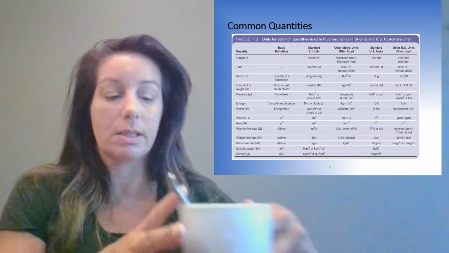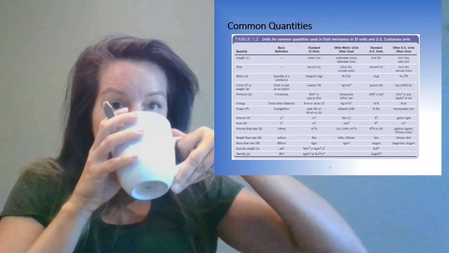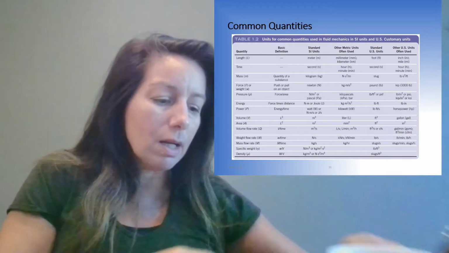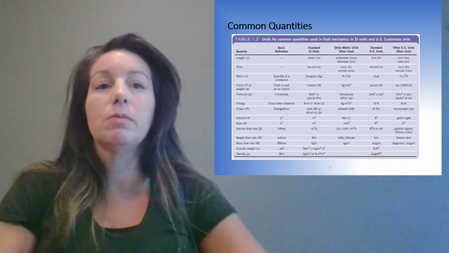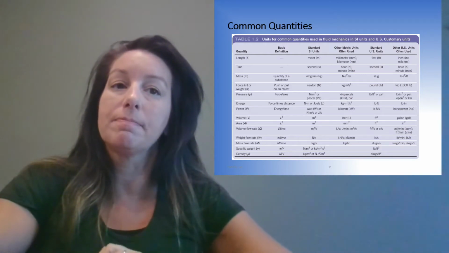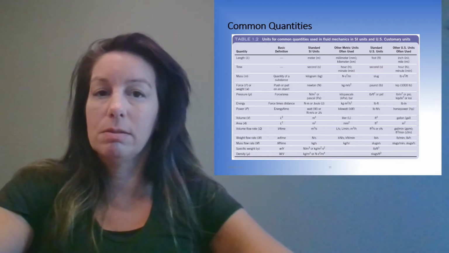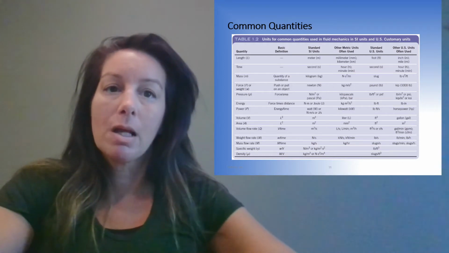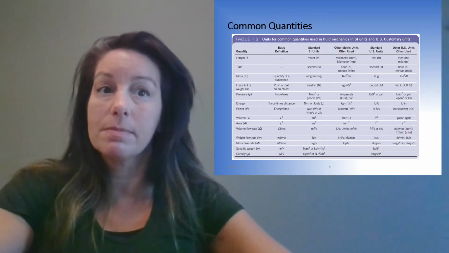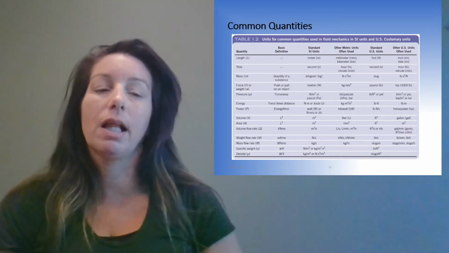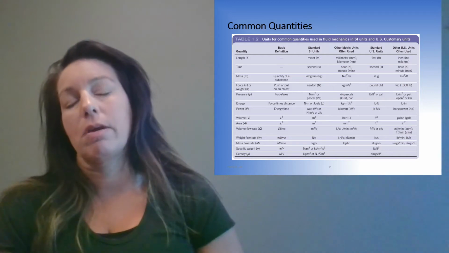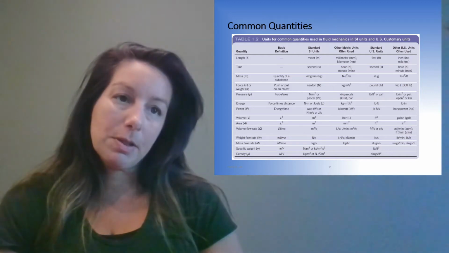You'll see all sorts of different things. There's something called the weight flow rate, which is newtons per second, pounds per second. Mass flow rate, capital M. So mass over time, we've got kilograms per second, kilograms per hour, kilograms per minute, slugs per second.